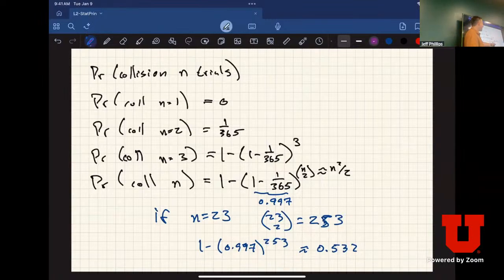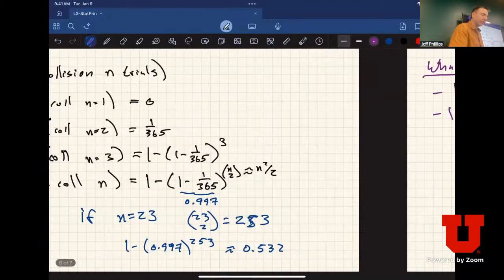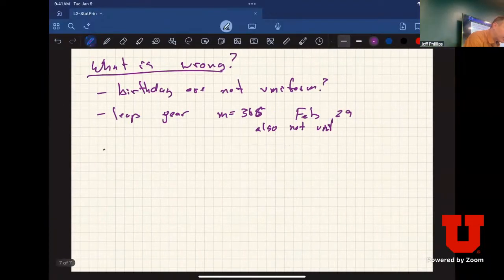So when n gets really big, this starts to fail. When n is about 23 or 40, like roughly what this class is, then this is probably a pretty good estimate. Okay, so kind of the other one is the math.